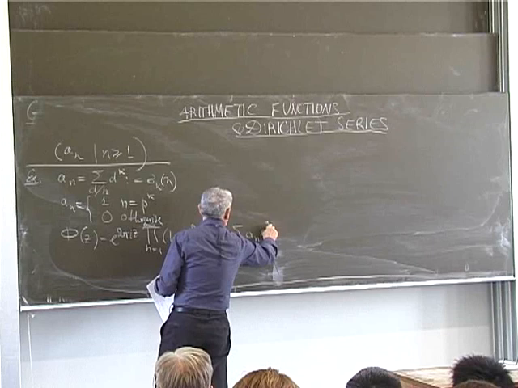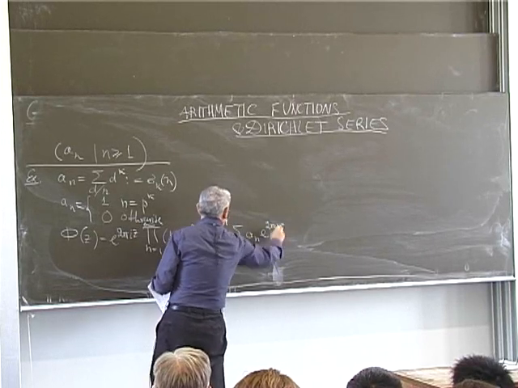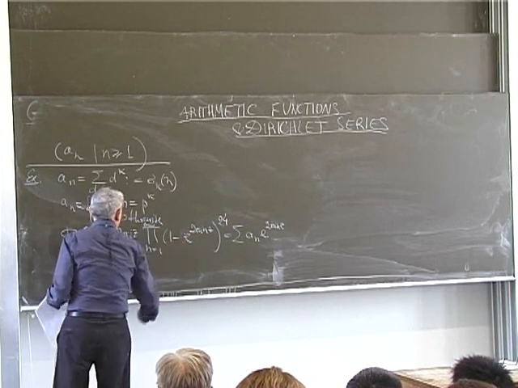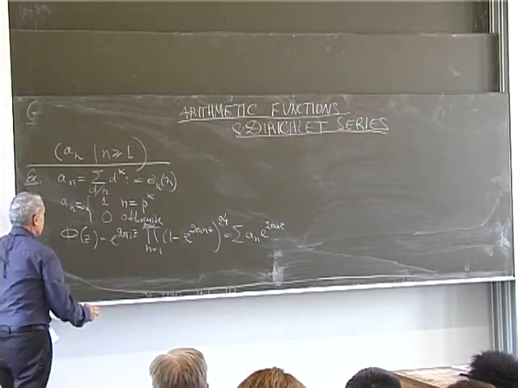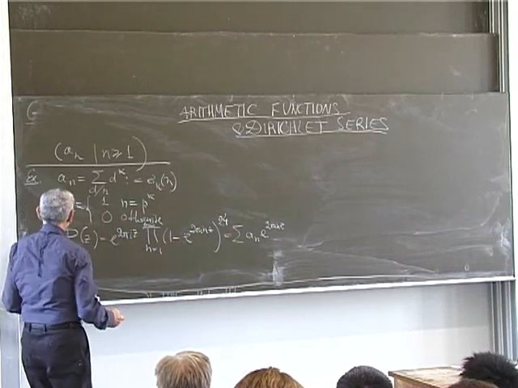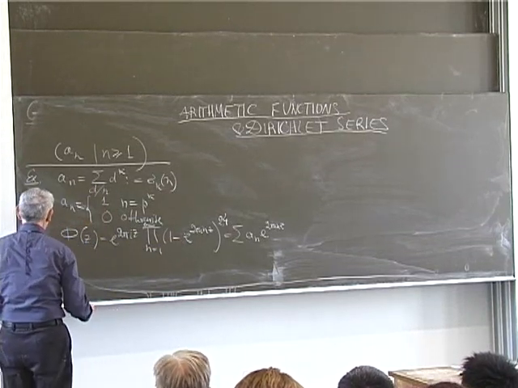This will define a Fourier series whose coefficients are explicitly given. In a sense, you can read this infinite product as a program for computations of a_n, and we want to understand these things.